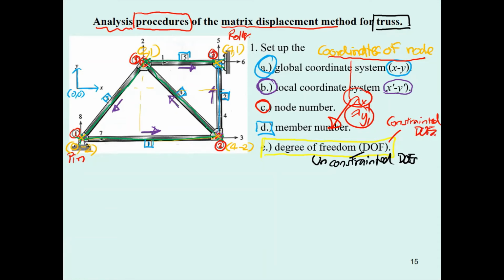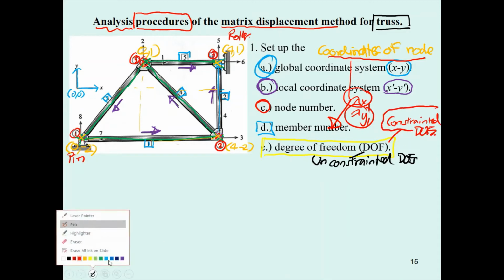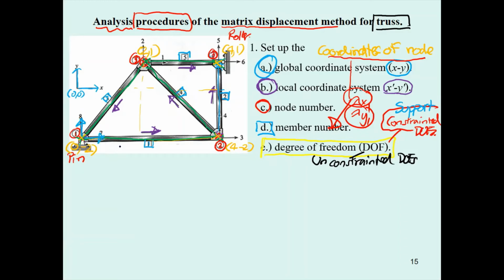And then what? The constrained degrees of freedom will occur at the supports of the truss. That means this is the pin. This one is going to be a constrained degree of freedom, and this one is also a constrained degree of freedom.